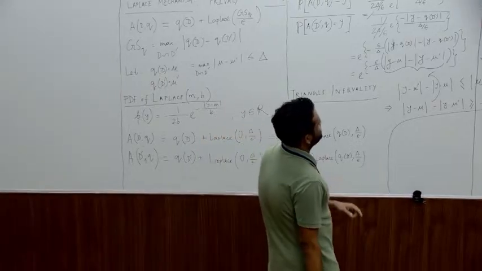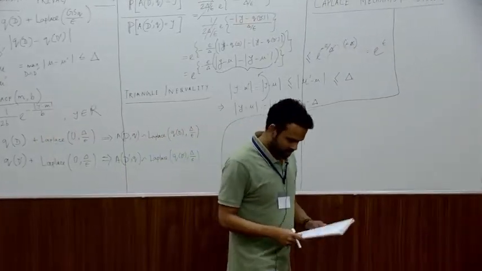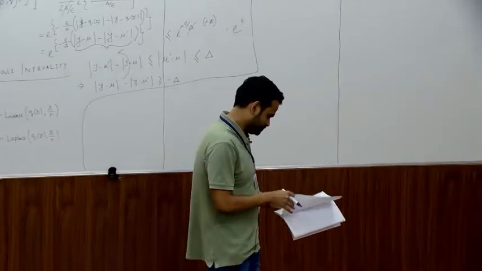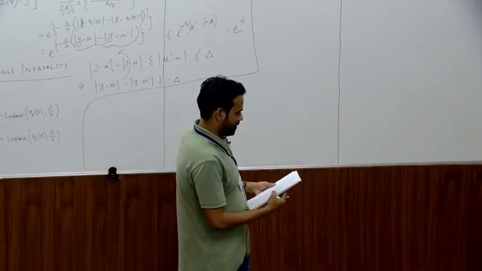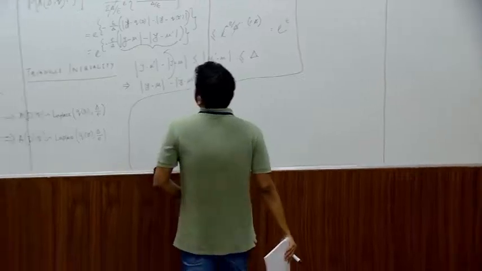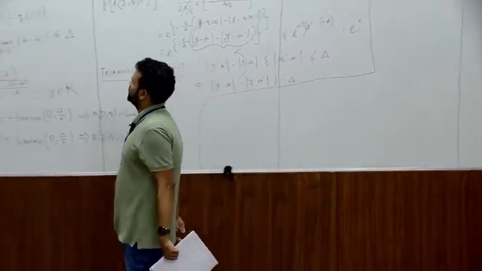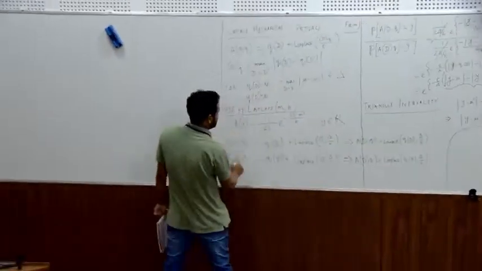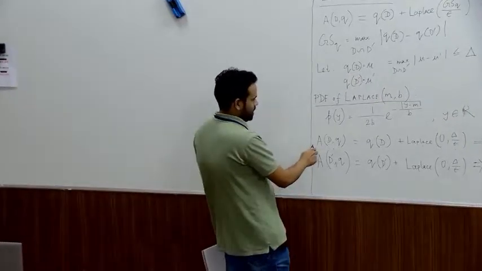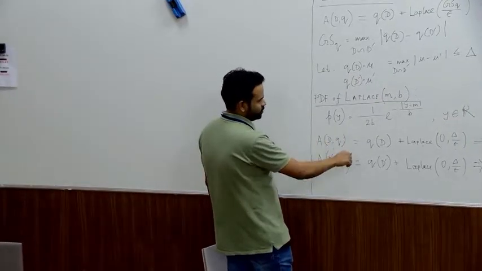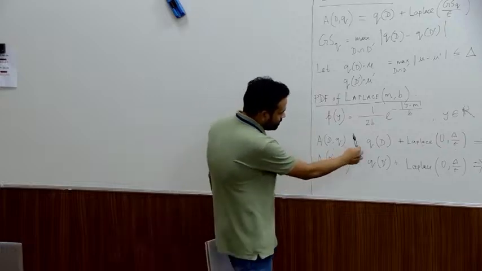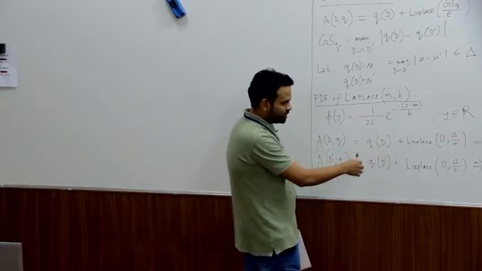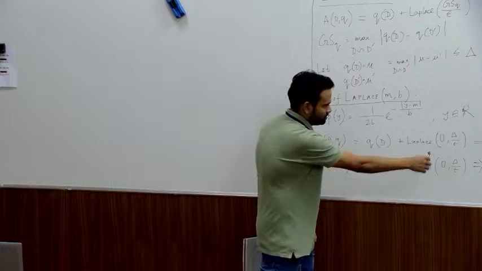This is a proof of privacy of Laplace. So let's do some utility analysis. So what are we doing here? Laplace, right? So this is our Laplace mechanism. A dq is our output of the mechanism. It takes the true value of the query qt and adds some Laplace noise, right?